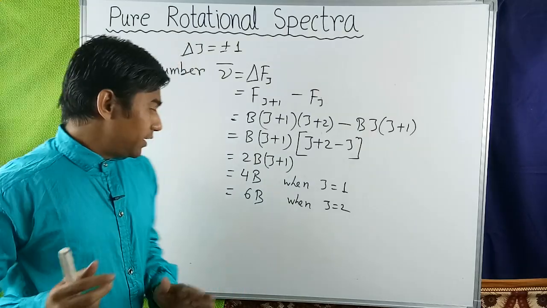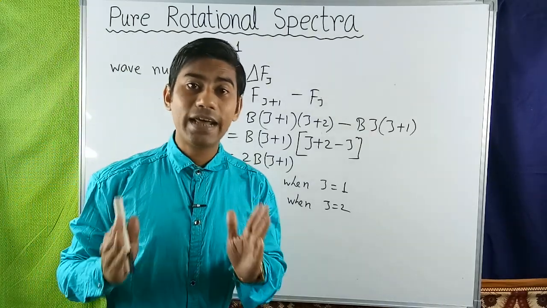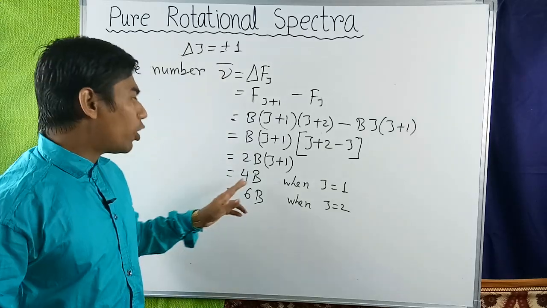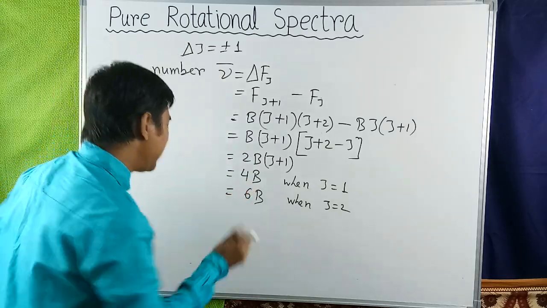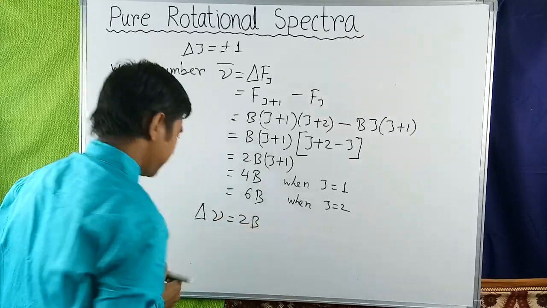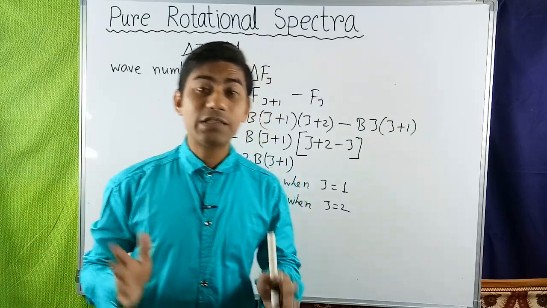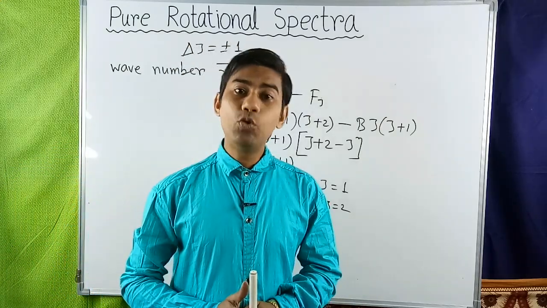So the spacing between two consecutive rotational lines is independent of J and is given by delta nu equals 2B. Thus, pure rotational spectral lines are equispaced.